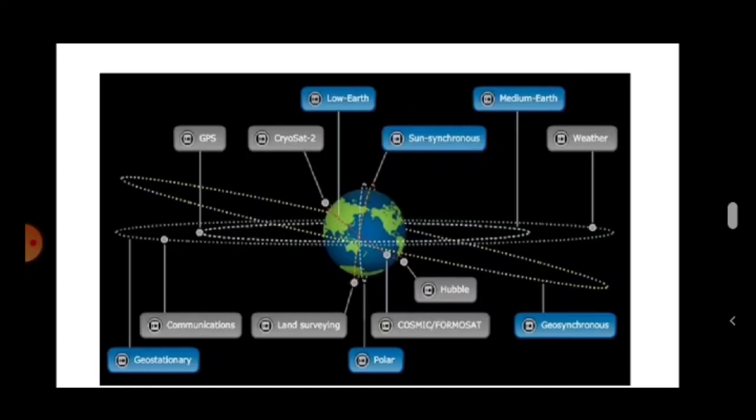GOES, Meteosat, Intelsat and INSAT are some examples of geostationary satellites, with an orbital period of exactly 24 hours. The orbital circle is also on the same plane as the equator, so keep that in mind.